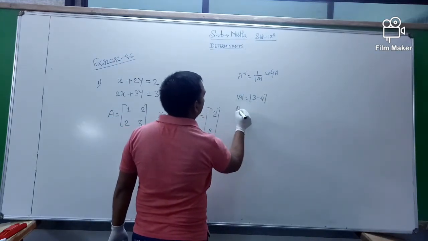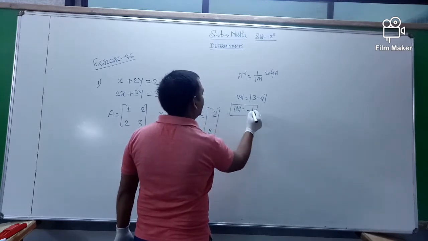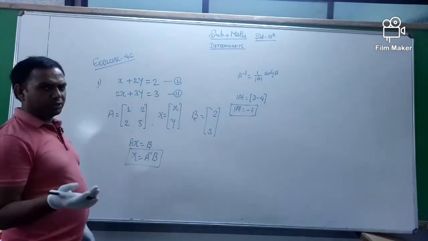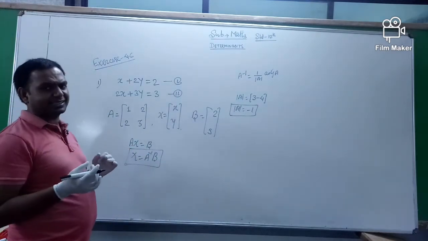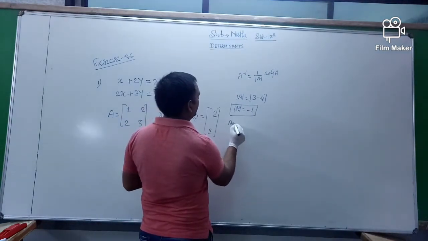So mod A is equal to minus 1. It is not equal to 0, so the inverse exists.